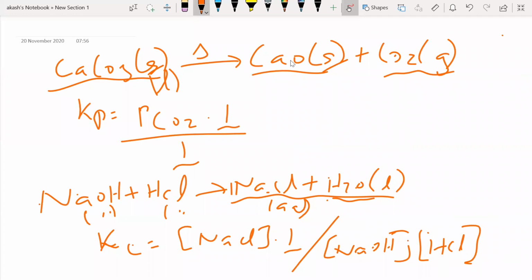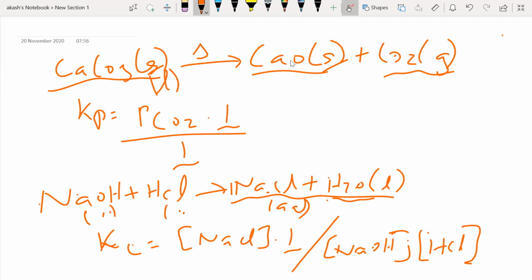If you have aqueous solutions, you go for concentration raised to the power of the stoichiometric coefficient. If it's a gas, you take the partial pressure raised to the power of the stoichiometric coefficient. If a reaction has both gas and aqueous solution, can we take either one?